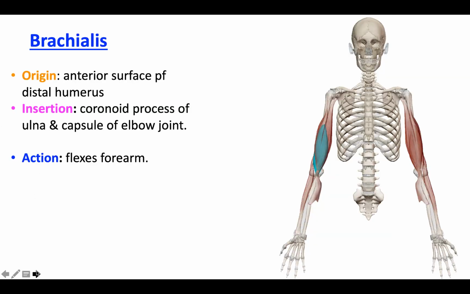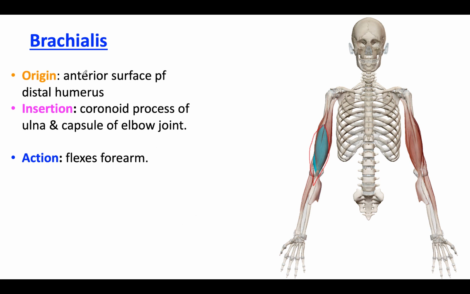All right, next muscle. These are clearly muscles of the forearm. This one is called brachialis. Brachialis is an interesting muscle because it has a huge role and it's so unknown. It's one of the major muscles in the forearm.